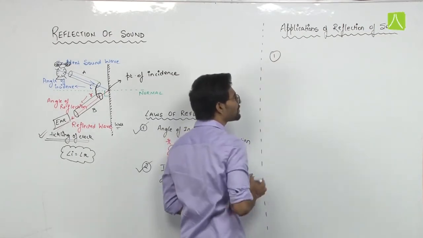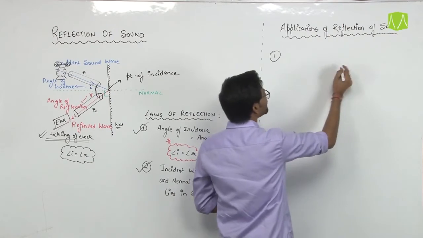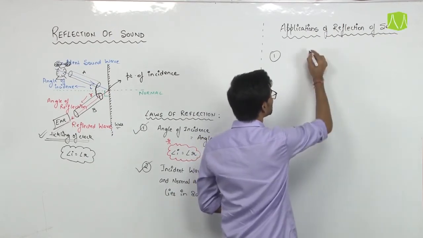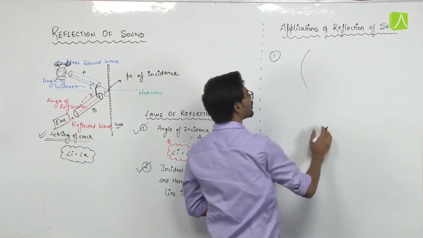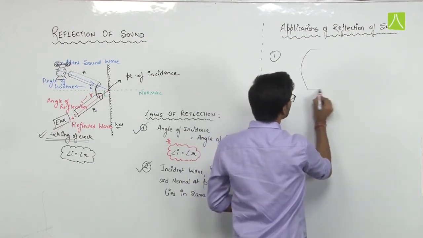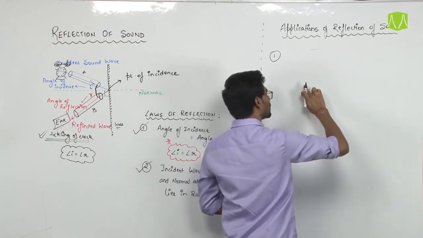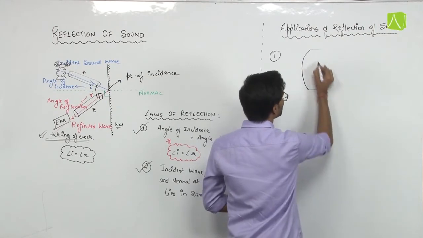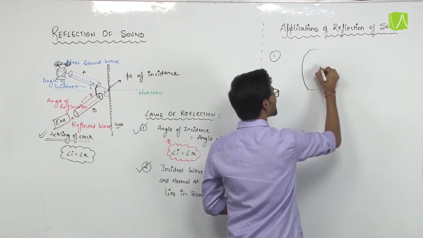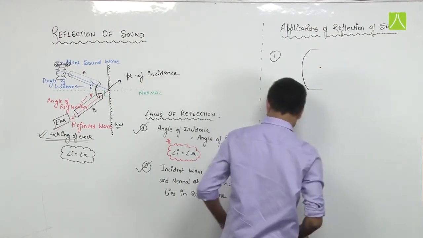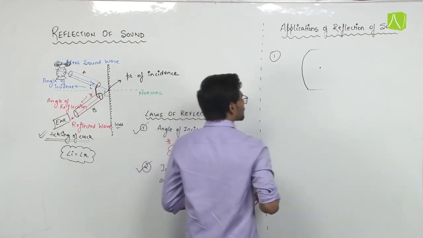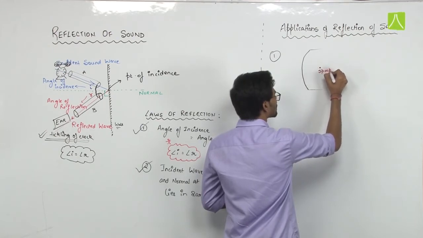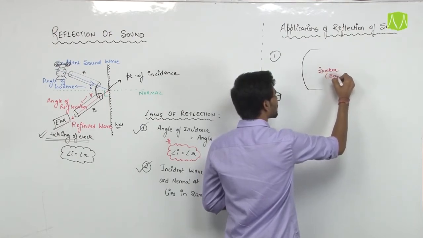I am taking the first application as the soundboard. This is a soundboard which is present inside a hall, and at its focal point, the speaker is present, or you can say the source of sound.